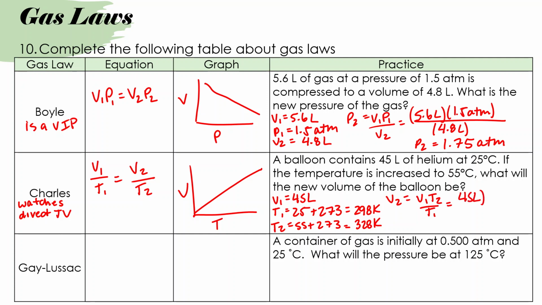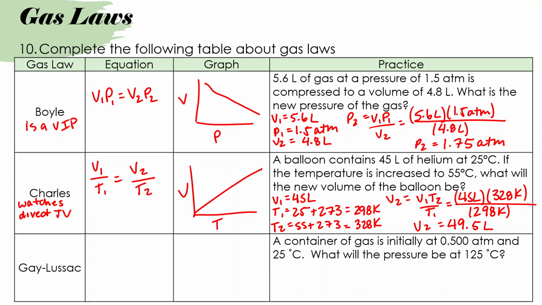I've got 45 liters, T2 is my 328, and T1 is my 298 Kelvin. So I'm going to go ahead and do my math here. Whenever I solve, I get that V2 is equal to 49.5 liters.